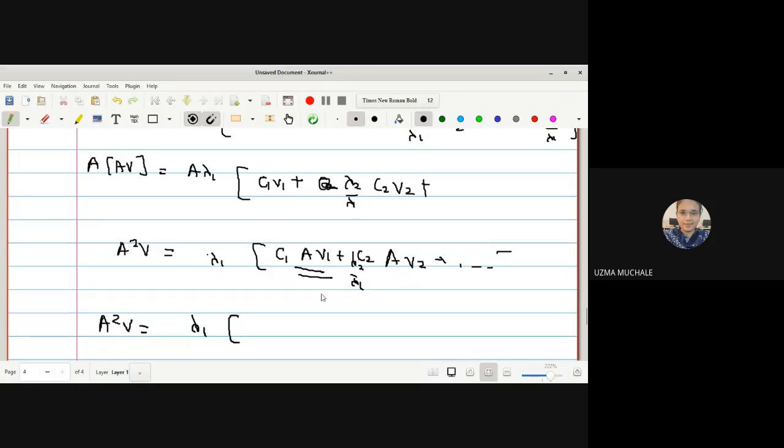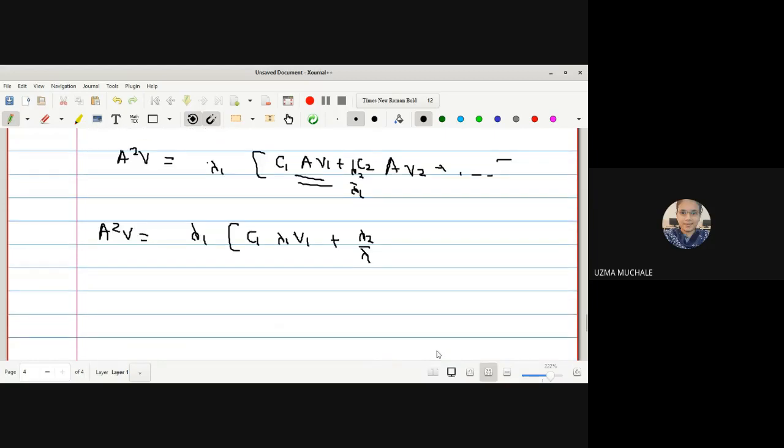So in this way again we will get the same result. What is A v1? It is lambda 1 v1. So we can write it as lambda 1 v1 plus this term, lambda 2 upon lambda 1 as it is, into c2 lambda 2 v2. Similarly for the next. And hence again if you take lambda 1 outside, we get lambda 1 square and the remaining terms in the bracket.